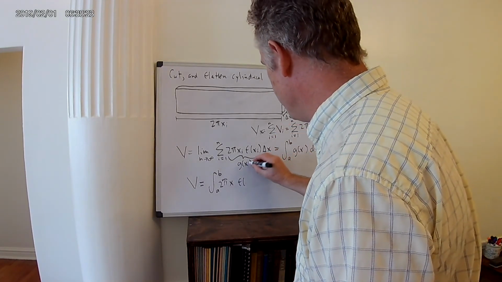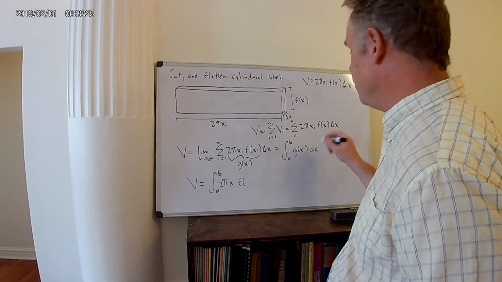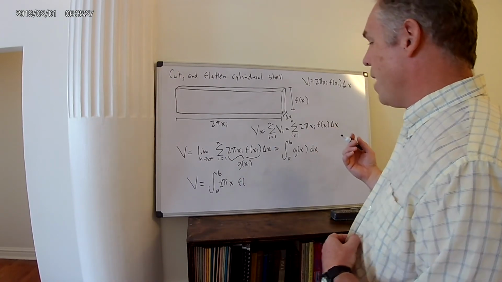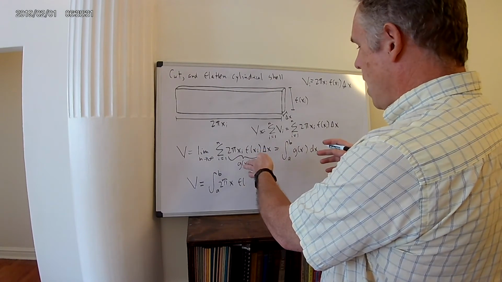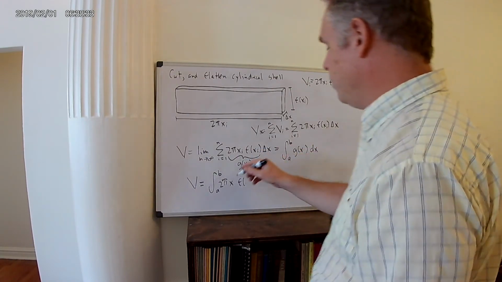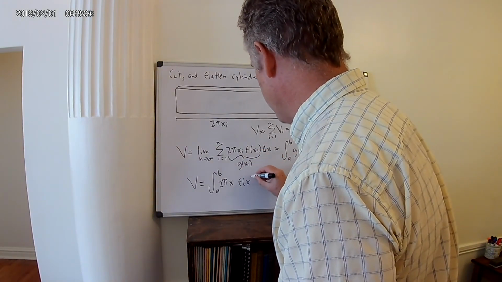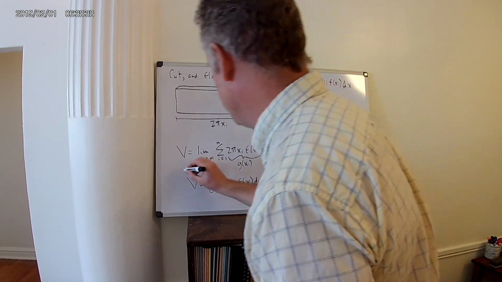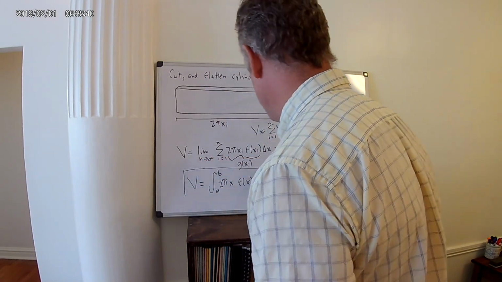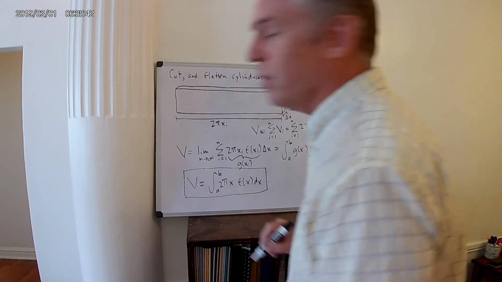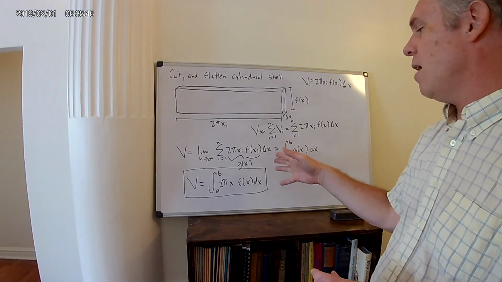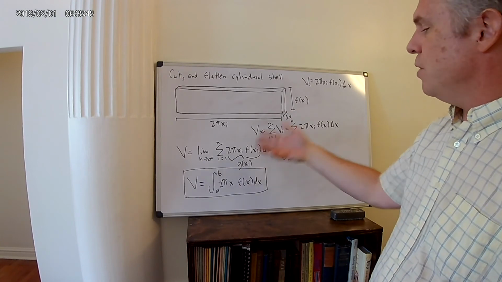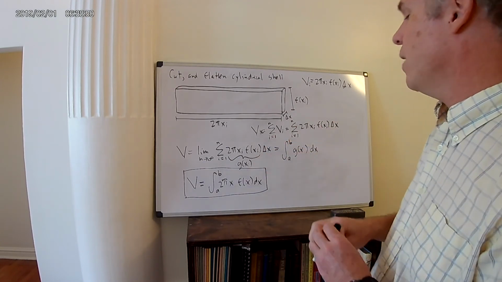This should be g of x sub i, but this just turns into g of x, not g of x sub i. And so this function, g of x, is actually equal to 2 pi x times f of x times dx. And so this is our magic formula for calculating the volumes, pardon that slight mistake there. I should have been careful transitioning from x sub i to x, okay?